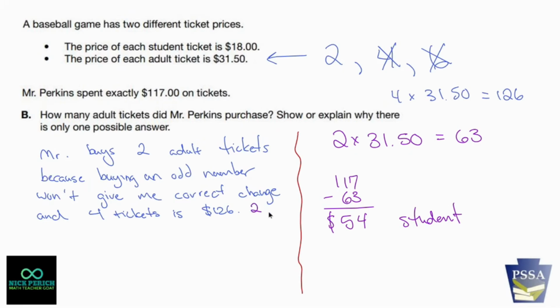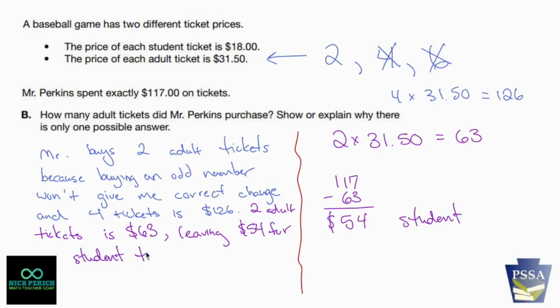So 2 adult tickets is $63, leaving $54 for student tickets.